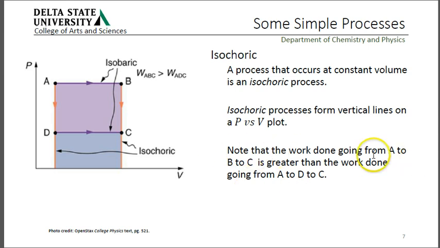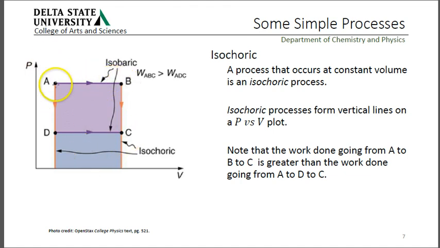Now, if we go from A to D to C, the amount of work we do is right here in this blue area. And if we go from A to B to C, the amount of work done is the purple area plus the blue area, the total area underneath the curve.